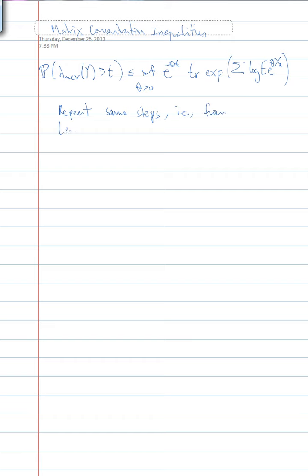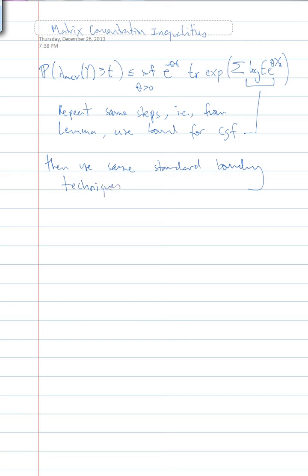From the lemma, use the bound for the cumulant generating function, which is this, and then use the same standard bounding techniques that we used above. In other words, bounding the trace by d times lambda max and so on.